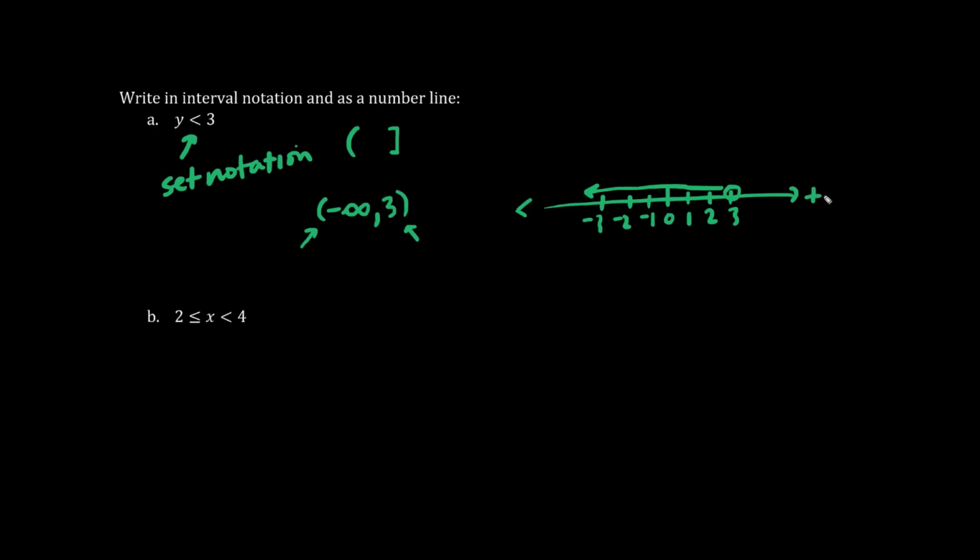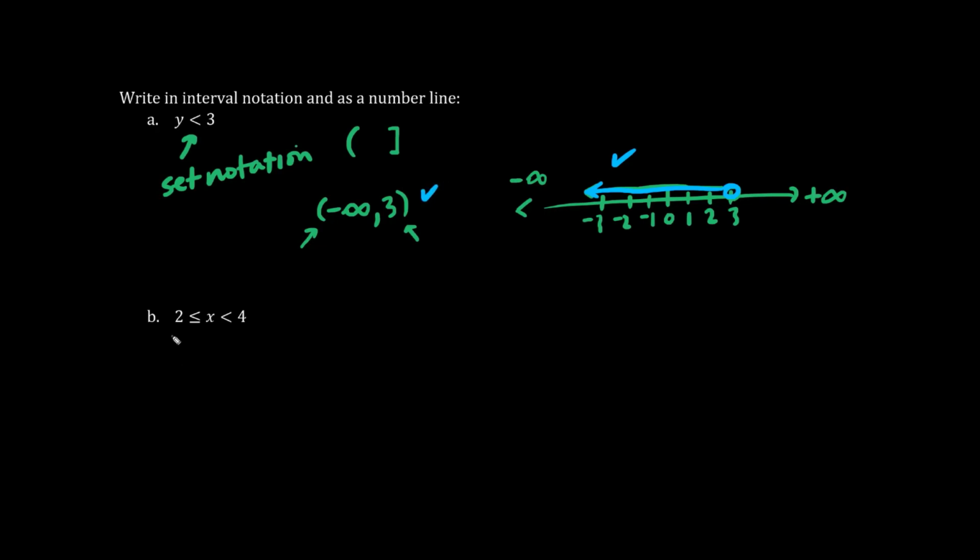Towards the right we have positive infinity, but to the left we have negative infinity. If this was y is less than or equals to 3, we would shade this point in. However, because we're not including 3, it's a hollow circle, and we shade in towards the left. So this here is a number line, and this here is interval notation.